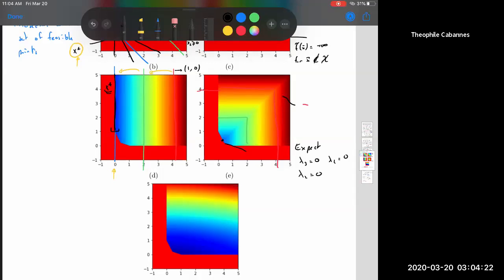And here you are on the line where x1 is equal to x2, which means that you expect x1 is equal to x2. And you can only have this if the two constraints, x1 less than t and x2 less than t, are active.